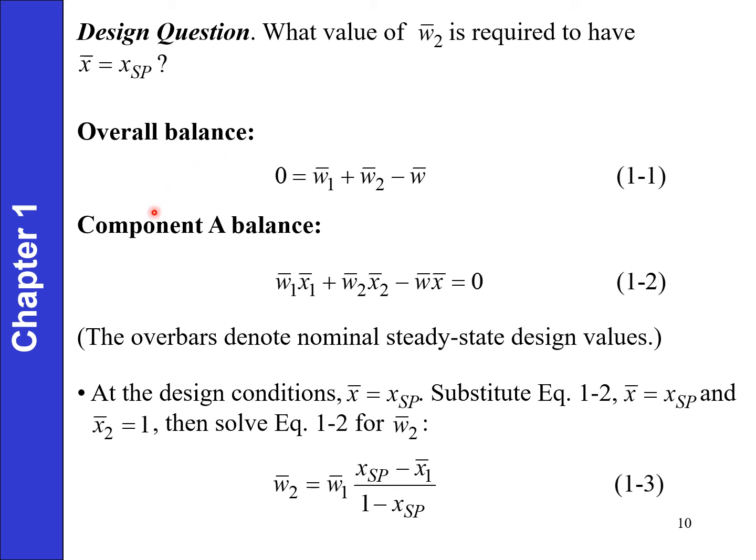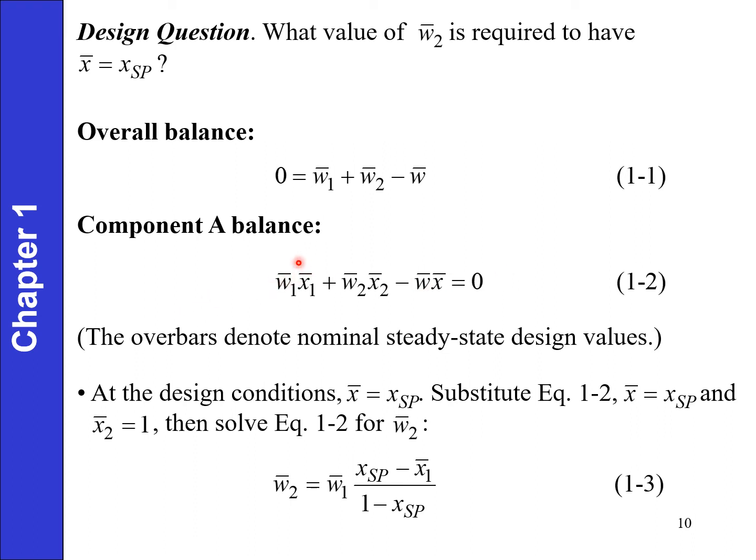Then we go for the component balance. Since we have A and B, we go for component A balance. So for the A balance, W1 times X1 plus W2 X2 minus WX equals 0.